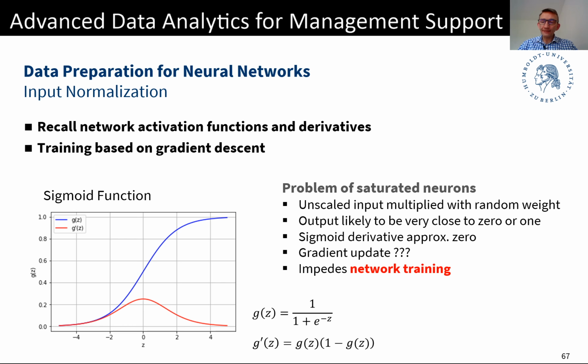Now we can reason what happens if we have a feature that is unscaled. The values of that feature just go wild, like salary. We have a data set from our customers, maybe the minimum salary among these customers is 2,500 euros per month, and maybe the maximum salary is 12,700 euros per month.